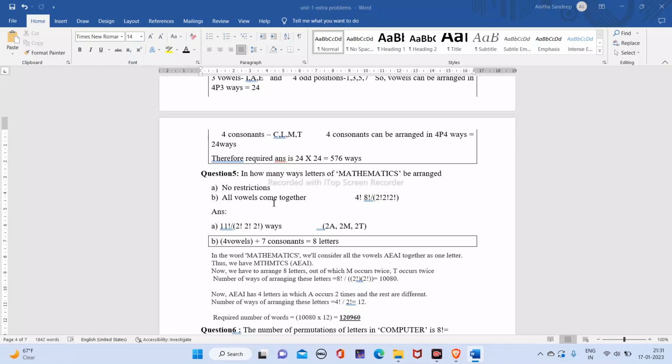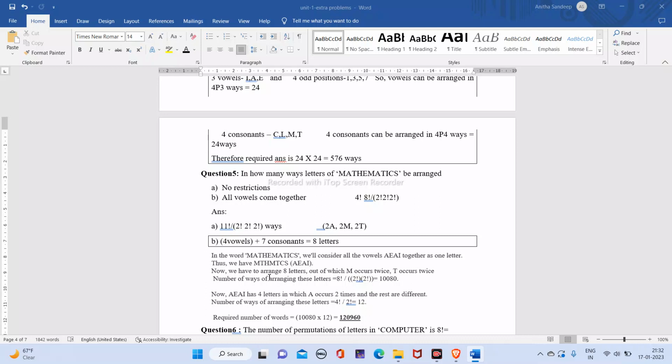Next is all vowels come together. So here you should first identify which are the vowels, A, E, A, I, and the remaining are the non-vowels. So what we do here is we make A, E, A, I one group. Totally there were 11 letters, and out of that we have 4 vowels. So it is 7 plus 1 group, that is 8 letters, out of which M occurs twice and T occurs twice.